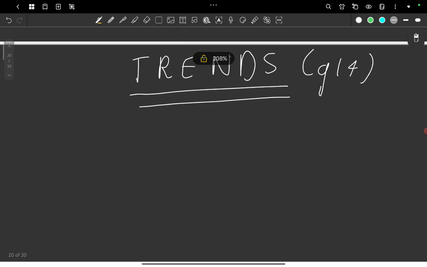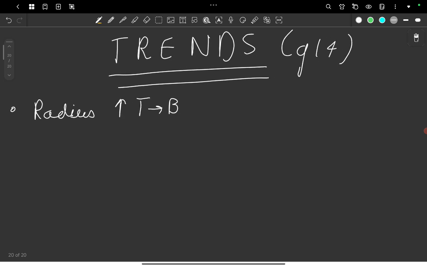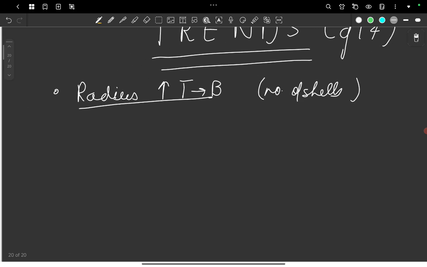Now, what are the trends of group 14? The trends of group 14 are there is a constant increase in radius from top to bottom. Why is that increase constant? Because of course the value of n, the principal quantum number, increases as we move top to bottom, and hence the number of shells increases. And since the number of shells increases, the radius does as well.